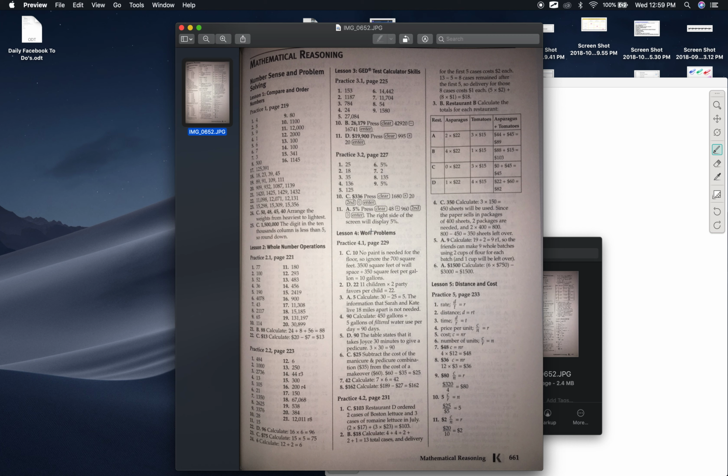Basically, we're doing this section, lesson 4, right here, all the way up to here, pretty much. It's all of this material and all of this material right here. If you need to refer to the answer key, that's what it is right there.